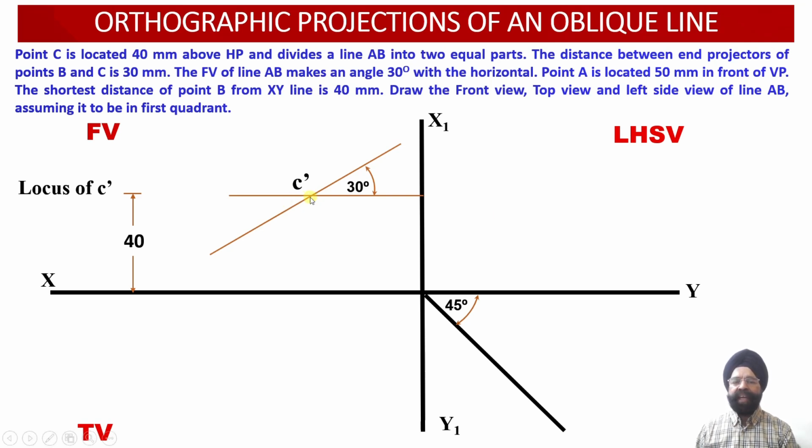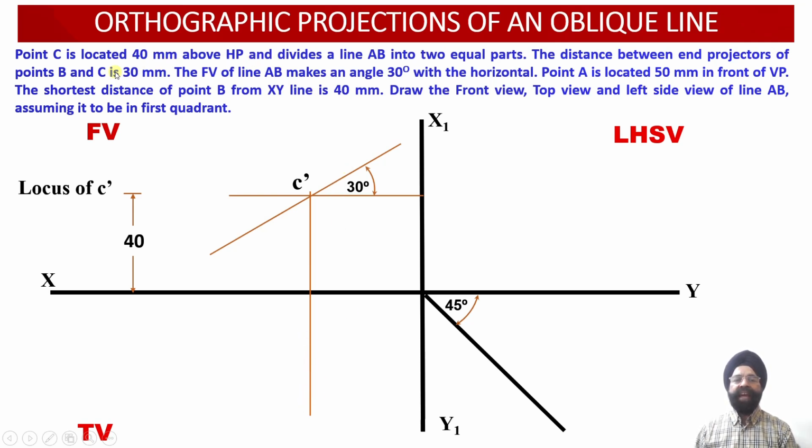So please check wherever point C dash has been located. From this point, we can draw a vertical projector line over here. That is, wherever point C dash has been located in the front view projections, on the same vertical projector line we are going to obtain the top view corresponding to this midpoint, the point C, right?